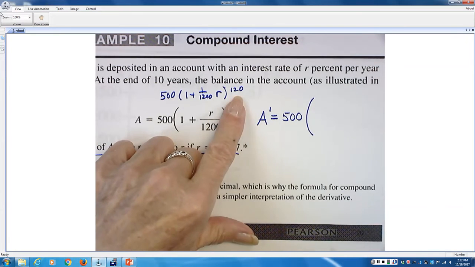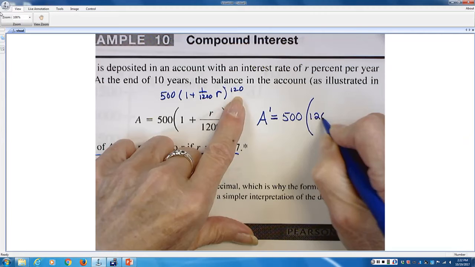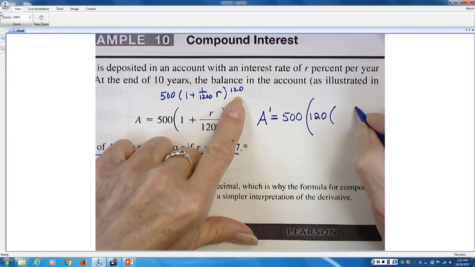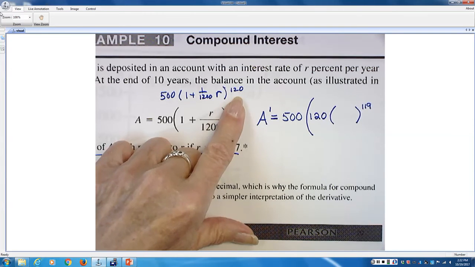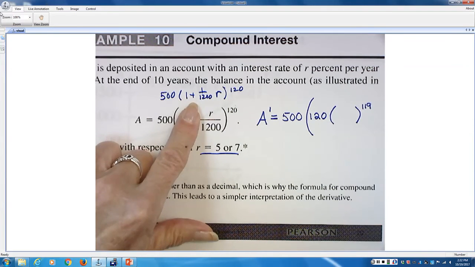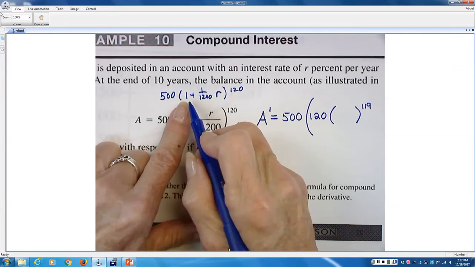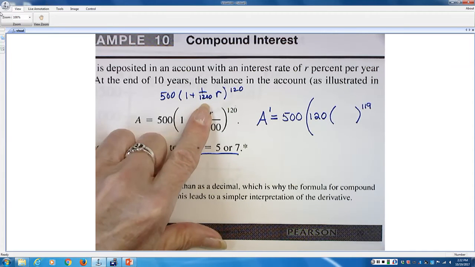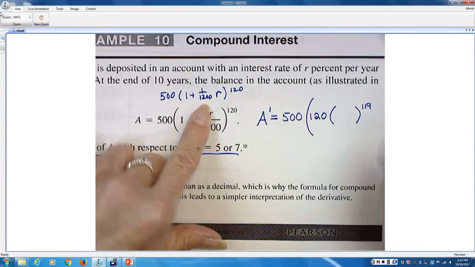Chain rule says bring the 120 down in front, keep what's inside, reduce the 120 by 1, and then take the derivative of this. And the derivative of 1 is 0, and the derivative of 1 over 1200R is 1 over 1200.